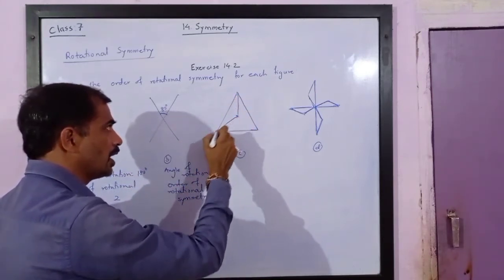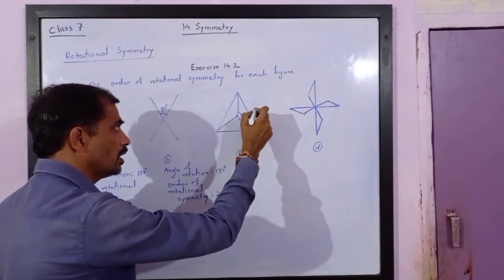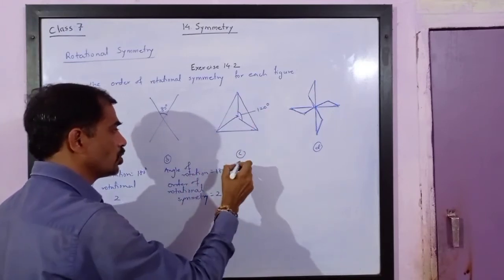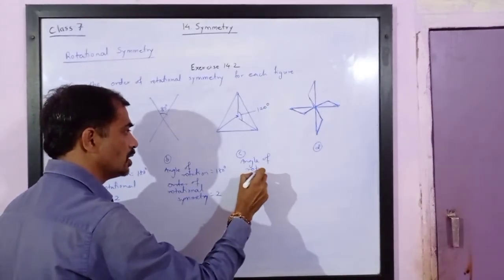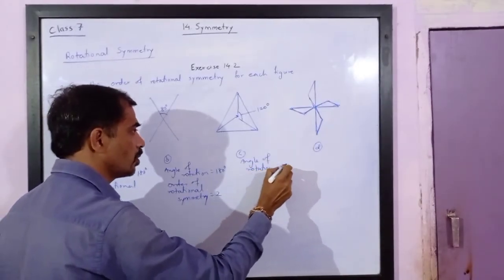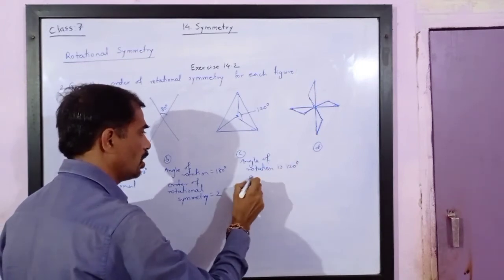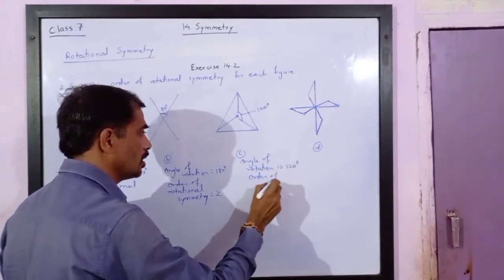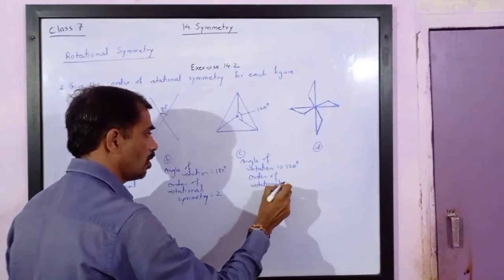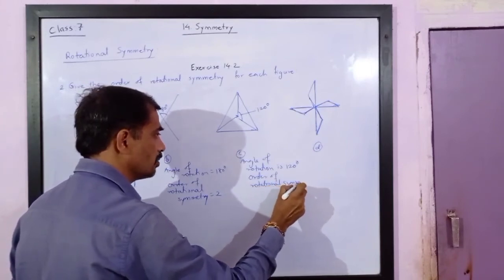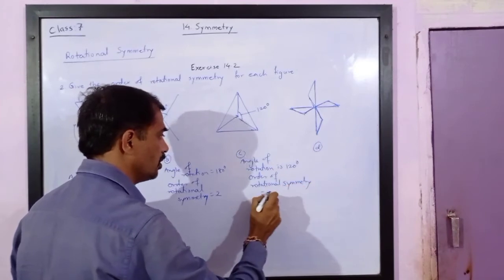In the third figure, the figure looks like an equilateral triangle. If it is an equilateral triangle, then we have to rotate it by 120 degrees only. So here the angle of rotation is 120 degrees, and the order of rotational symmetry is 3.